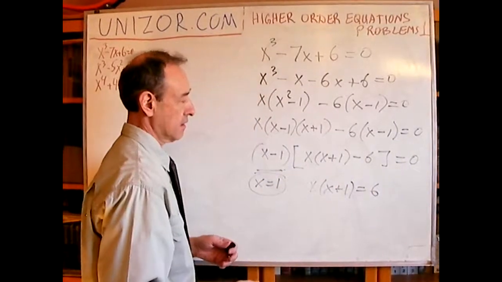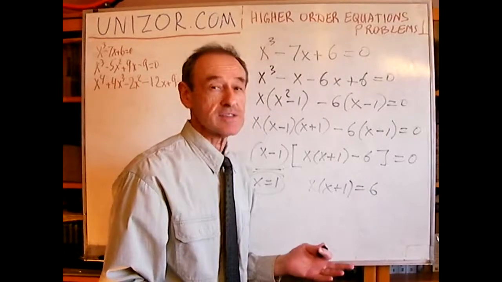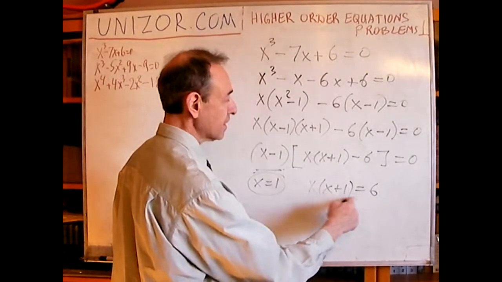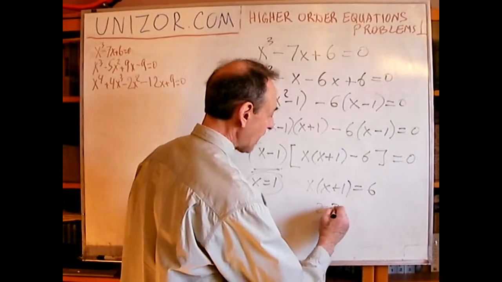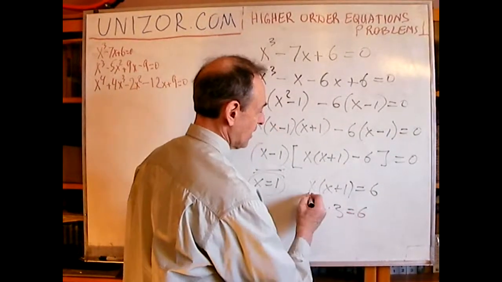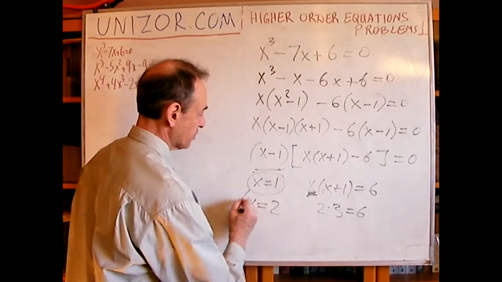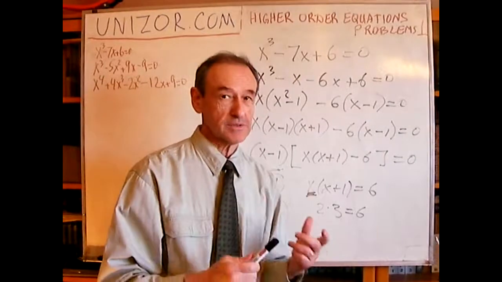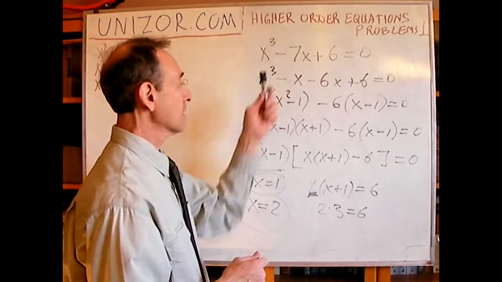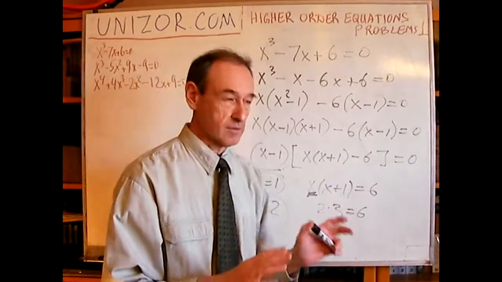This is where we are looking for solutions to this equation, where 6 is such a nice number that 2 times 3 would be equal to 6, right? So I already have another solution: x is equal to 2. And as you know, we have 3 different solutions for equations of the third degree in the complex area, granted.